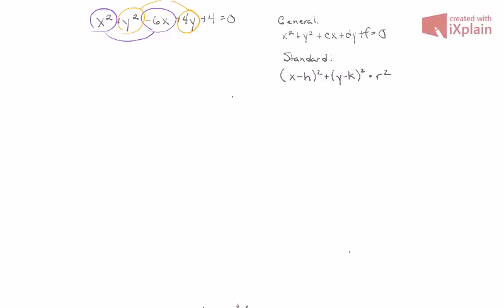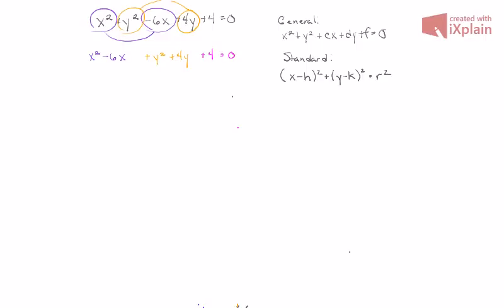So I'm going to rewrite this, and this is going to become x squared minus 6x plus y squared plus 4y plus 4 is equal to 0.